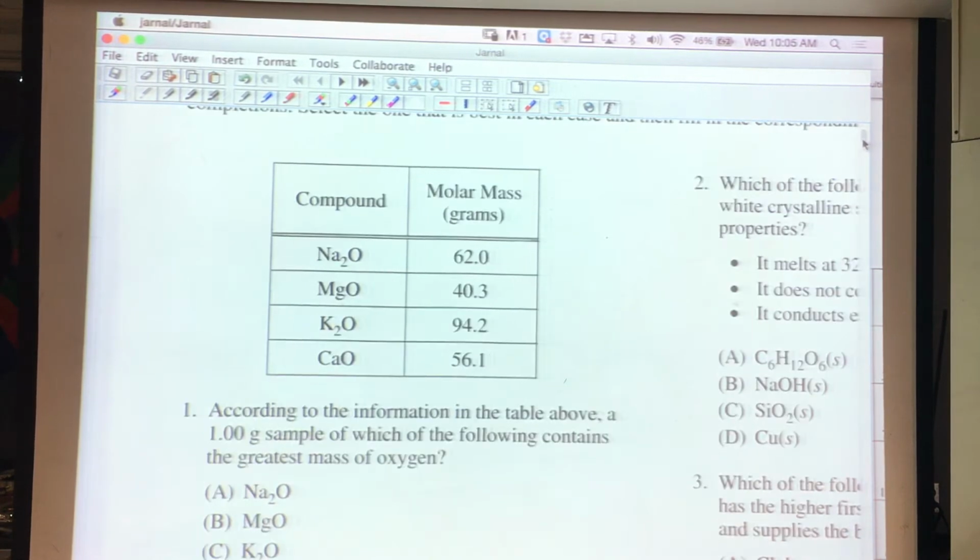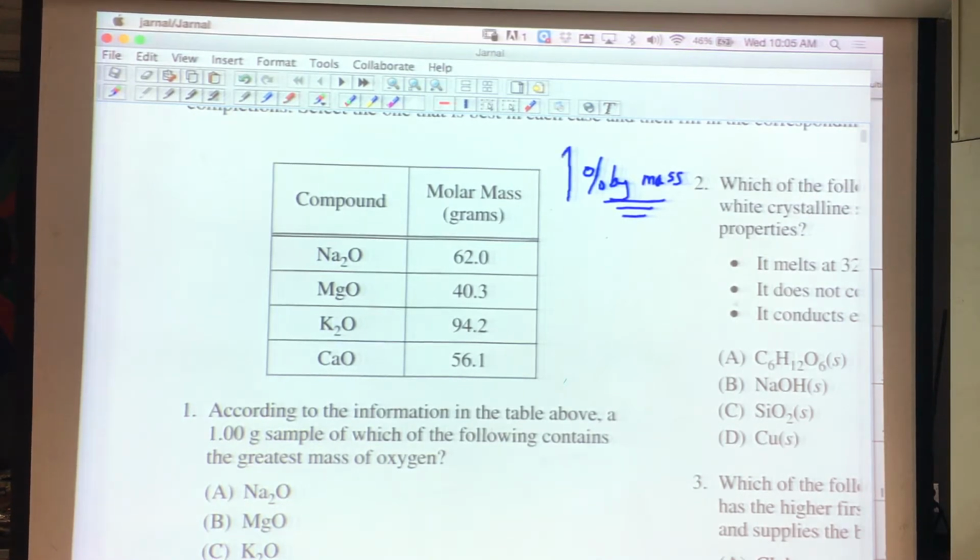This has been a question that has popped up where they want you to do a percent by mass, but they don't want you to spend any time, okay? So if I'm trying to find which one has the greatest mass of oxygen, which is the same thing as saying the highest percent by mass, they made your life easier by giving you the molar mass. All of these have 1 oxygen. So if you minus 16, if they all had the same 16 in them, right?